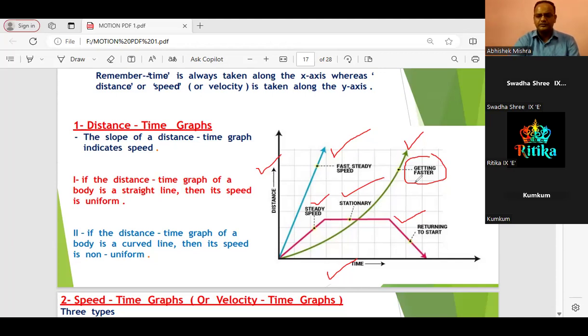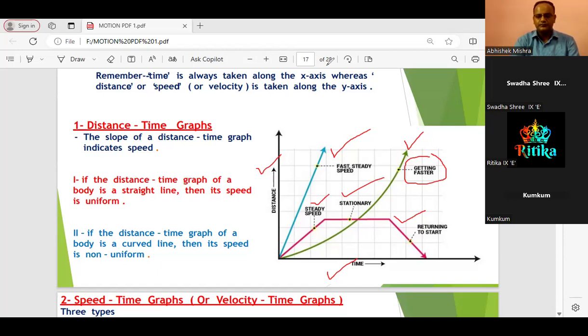Okay, let me unmute you. Yes, Ritika. Sir, the blue one is going in a completely straight line, so it will be first. What does it indicate? Sir, the graph is in uniform motion. Okay, correct, very good. And steady speed, pink color.